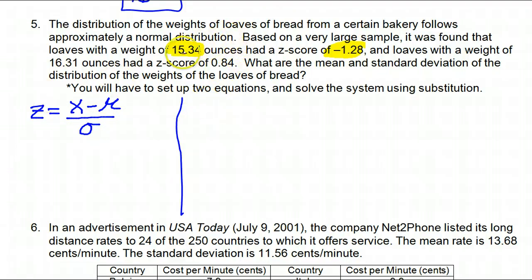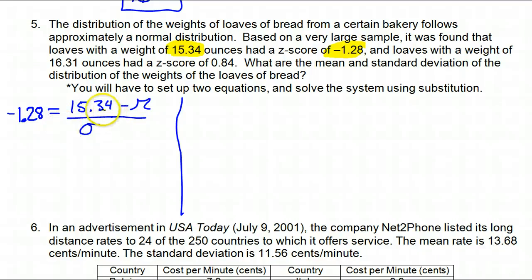Now if I plug in these values, all right, the weight is 15.34, so that's going to go right here. So 15.34 minus the mean, and the z-score is negative 1.28, so this is going to equal negative 1.28.